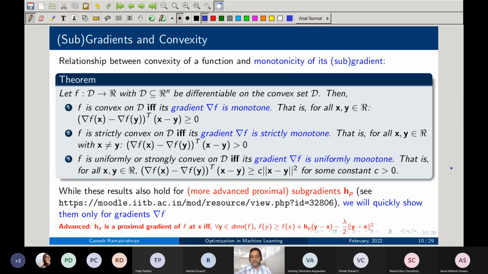As I said, the intuition is from one dimension, of a strictly increasing gradient or derivative. It doesn't make sense to talk of every component, so we are talking in terms of dot product, which is the same. You can show that a special case is in one dimension.